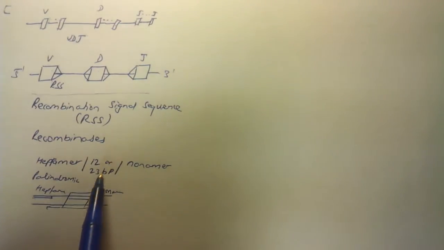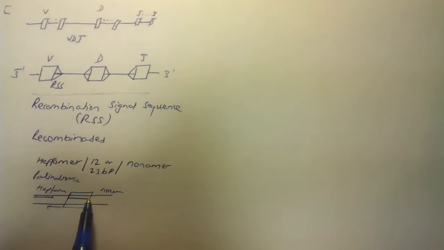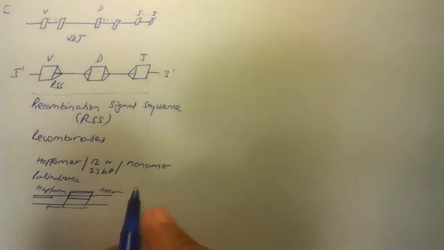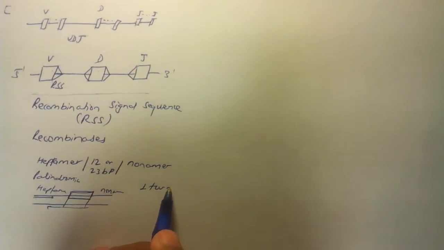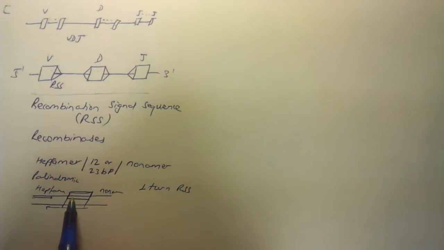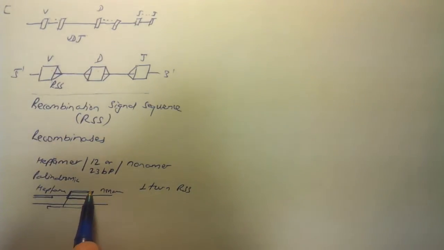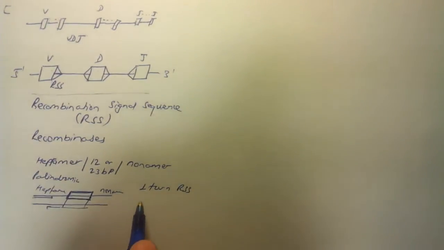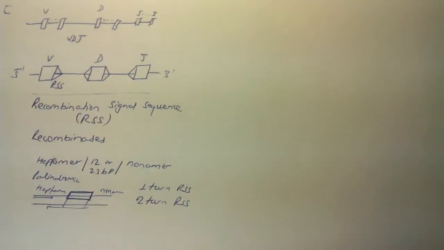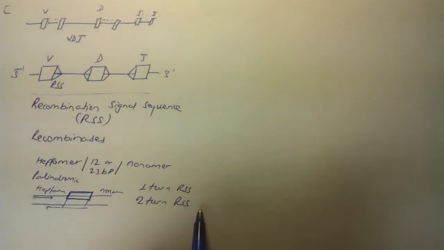And if I have 12 base pairs in my RSS, it's going to be called 1-turn RSS. And if I have, let's say, 23 base pairs right here, it's going to be called 2-turn RSS. So it can be either 1-turn or 2-turn.